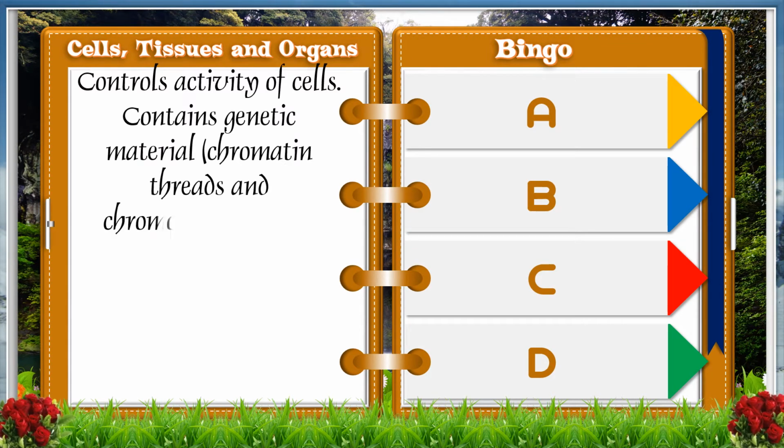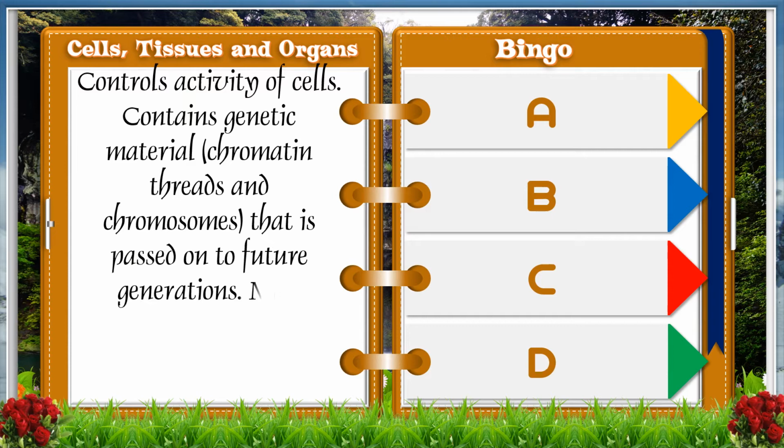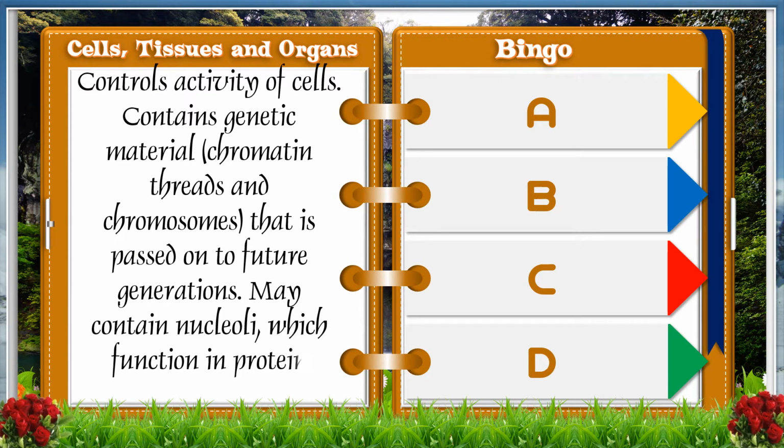Controls activity of cells. Contains genetic material, or what we call chromatin threads or chromosomes. It is passed on to future generations. May contain nucleoli which function in protein synthesis.